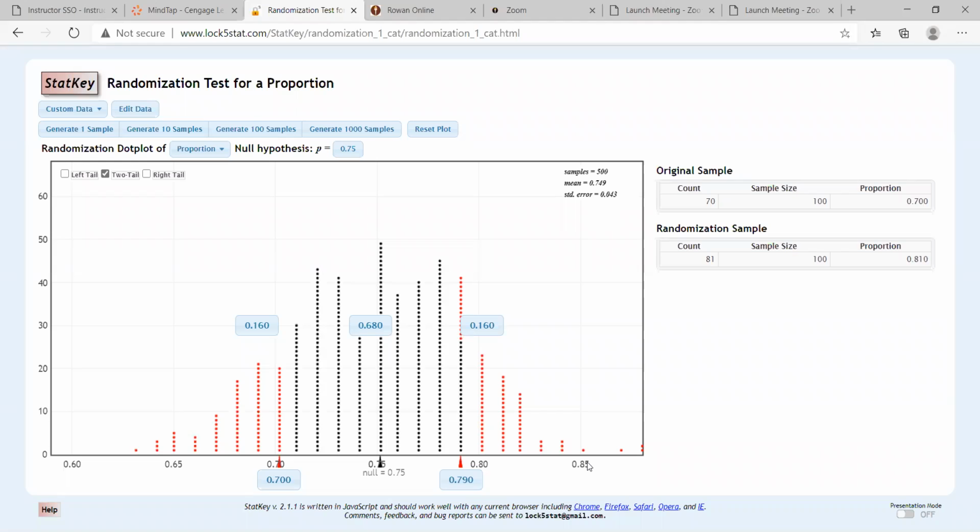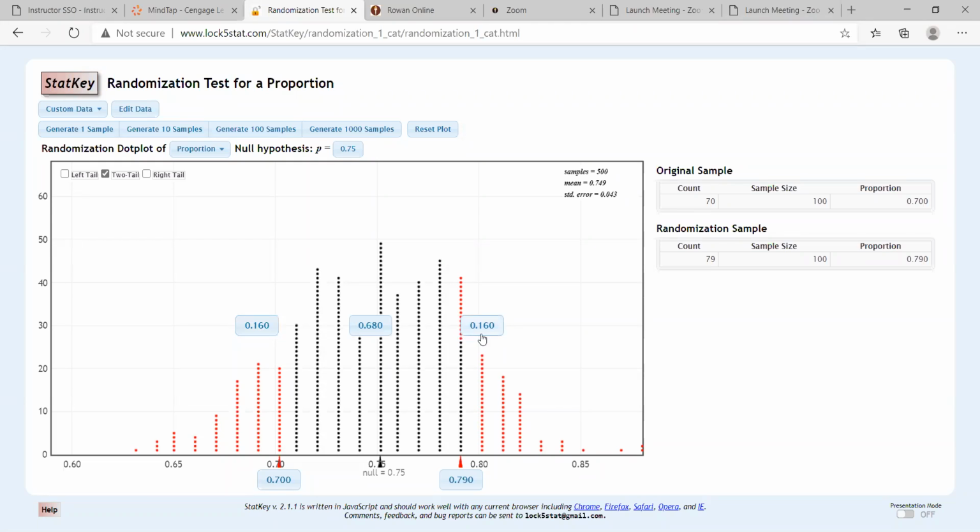So the question is, what is the p-value? Well, for a two-tail test, we're going to add this box plus this box. So that's what you have to remember. When you do a two-tail test, you add the two tail probabilities. Each one of these, by the way, is half of the p-value. So when we add them up, you get the total p-value.